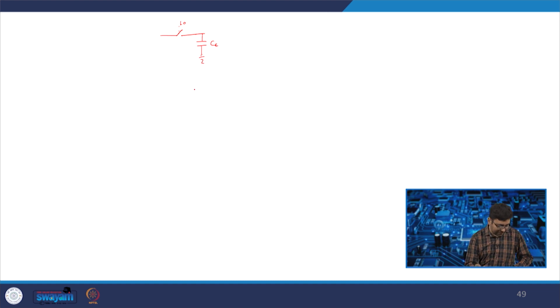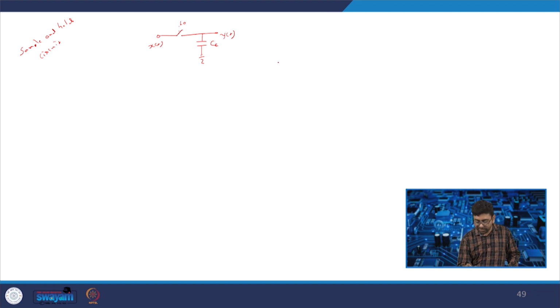This is widely used as, if this is XT and if this is YT, this is a sample and hold circuit. We can use it as a mixer.